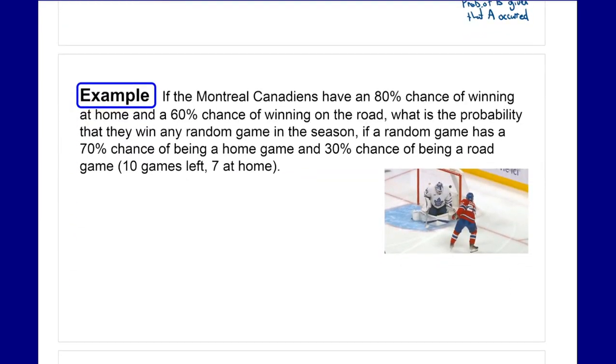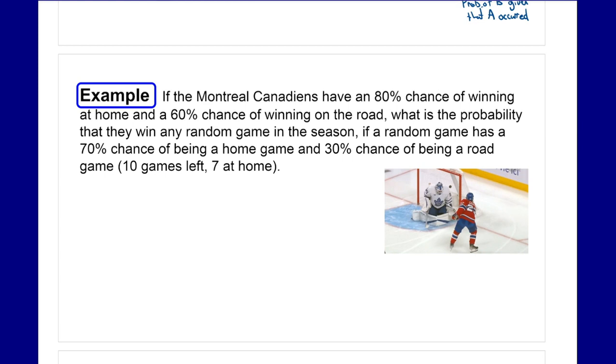So let's take a look at an example. In this case, the Montreal Canadiens have an 80% chance of winning at home and a 60% chance of winning on the road. What is the probability that they win any random game in the season if a random game has a 70% chance of being a home game and a 30% chance of being a road game?